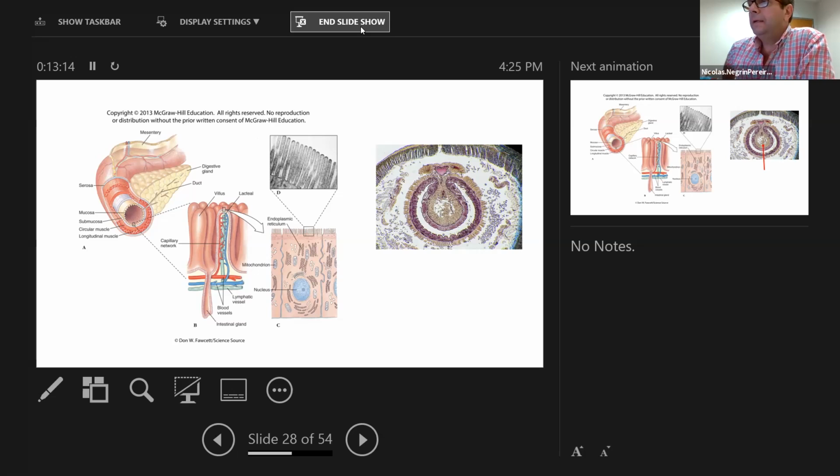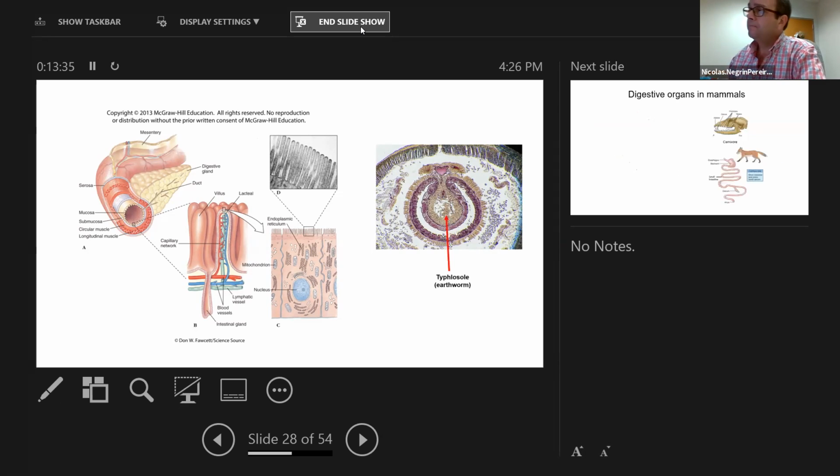Inside you will find the capillaries that are going to absorb the nutrients, and also the lymphatic vessels, which are characterized by having a blind end, and they also look like a finger projection. Other animals that are not vertebrates, like the annelid, the earthworm we saw in the lab, present another structure called the typhlosole, which also aims to increase the absorption capacity of the intestine. It is like an inner fold of the gut of the earthworm.